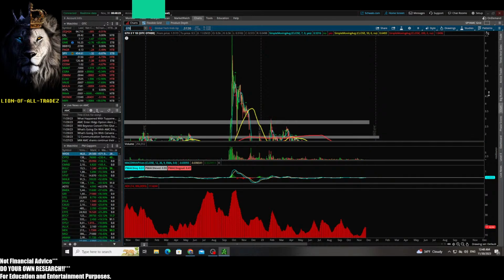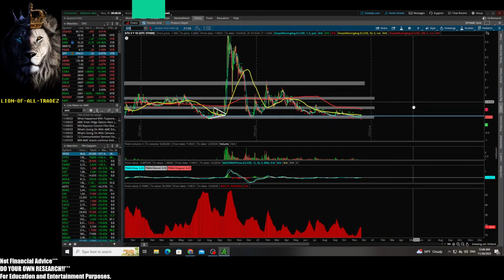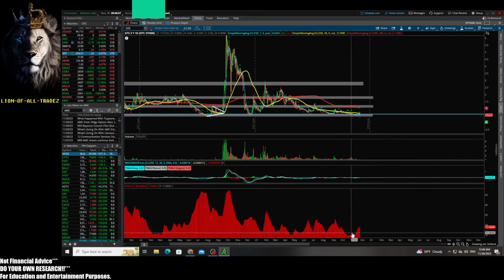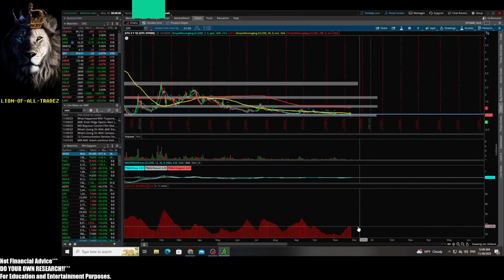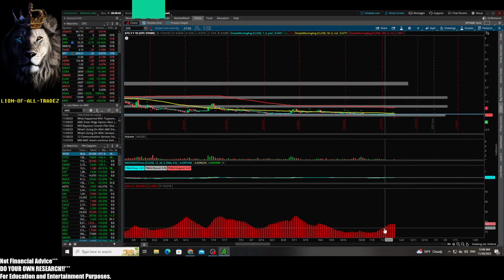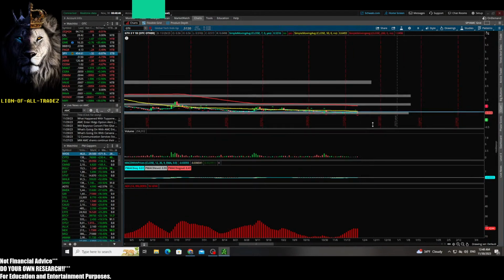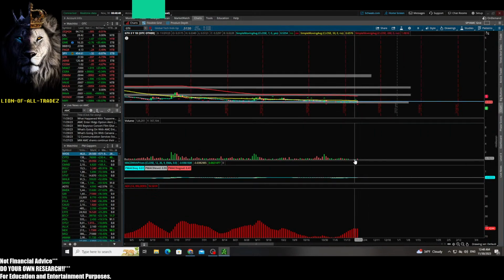As a matter of fact, the ADX is actually showing a big improvement in the strength. The trend is coming back up strong. Look at that right here. What about the volume though? Looks like little volume is coming up.